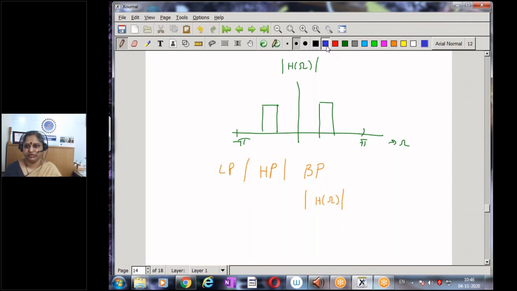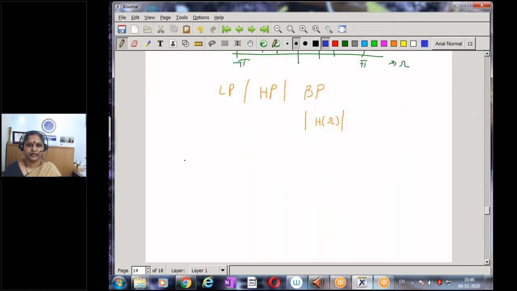And now we'll go to the next method of representing the system, and that is the block diagram representation.